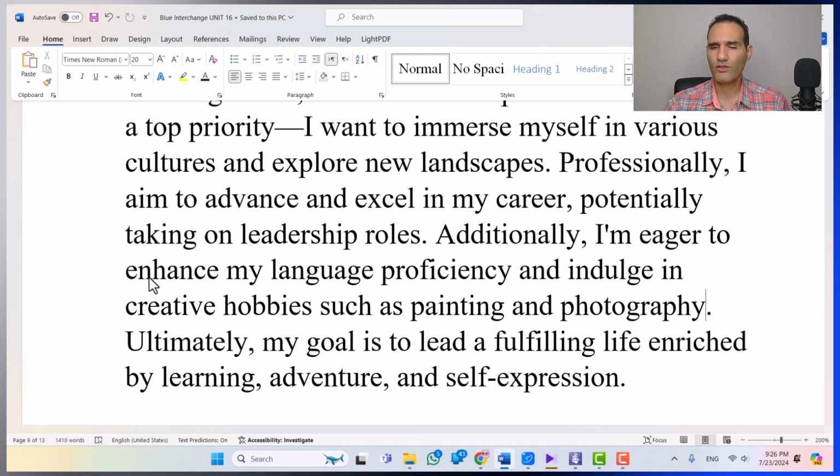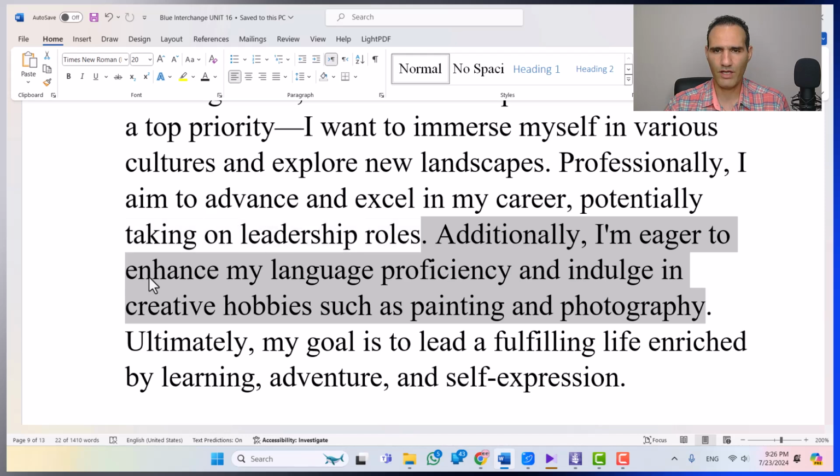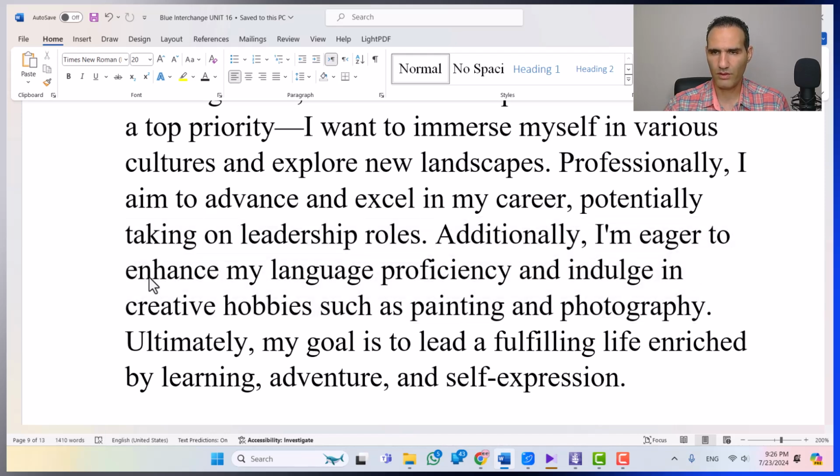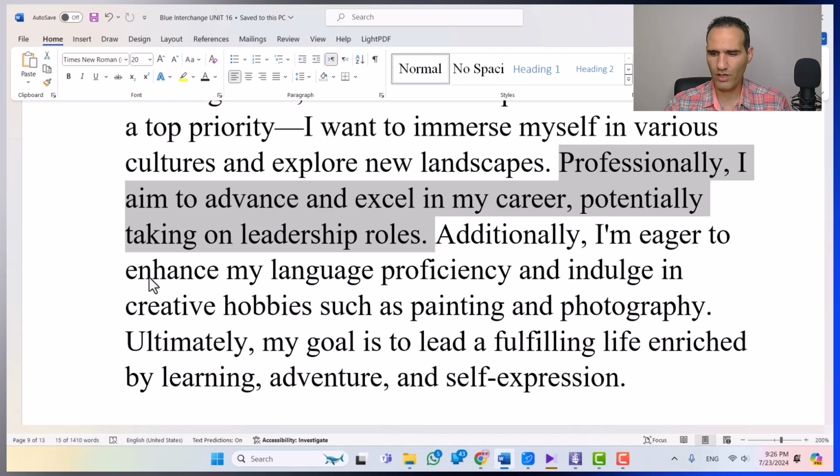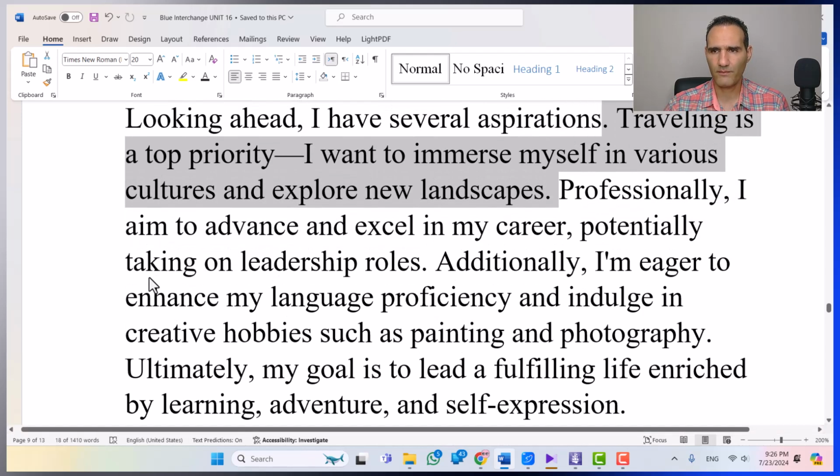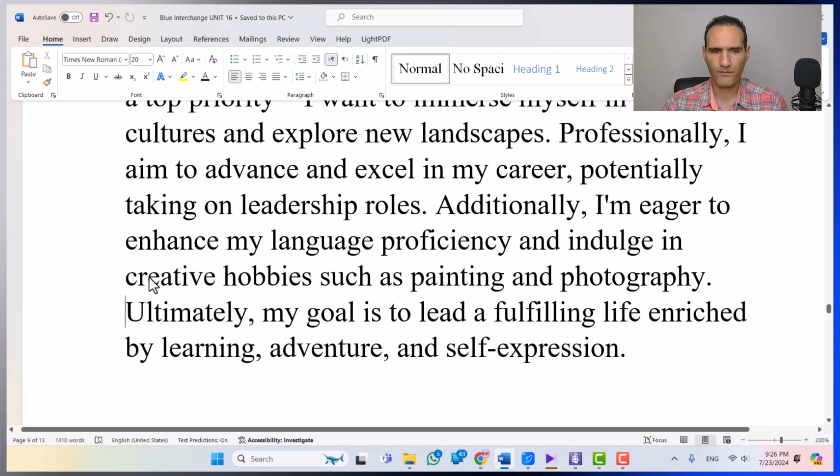So these are three supports that the answer has given. This one about job, and this one about traveling. Okay, now look at the beautiful conclusion.